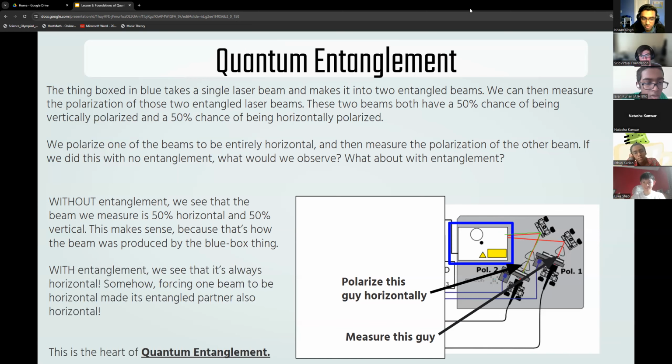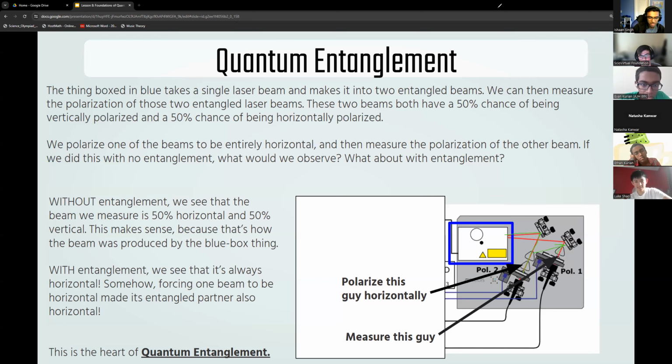And this is a really useful property of light that is actually at the heart of quantum computing as well, and even quantum communication. What is interesting about this is that there's nothing traveling between these two beams, right? It's not like there's light going from the polarizer of this beam right here to this beam right here. There's nothing traveling between them.